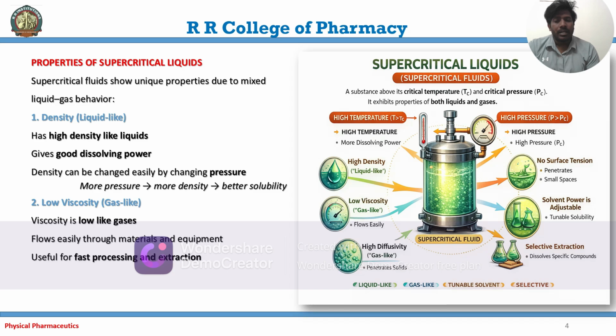And this variation in temperature and pressure can be used for the tunable solubility of these supercritical fluids. Solubility is the property of the liquid. Selective extraction: because of these supercritical properties, these fluids have selective extraction of several drugs.